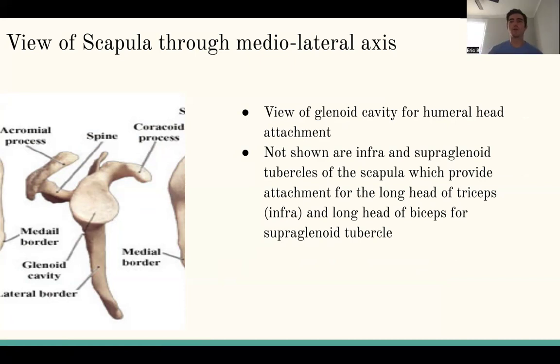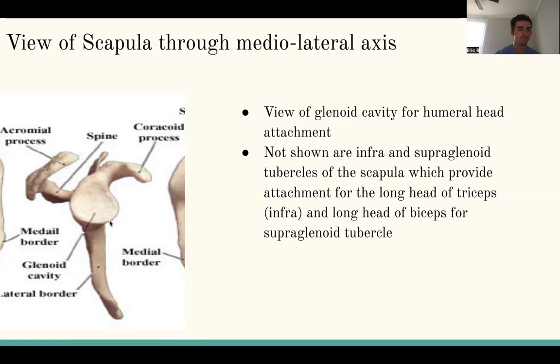If you think about the frontal or coronal plane of motion, a lot of the motions that occur there are flexion and extension. So if we have an axis of rotation going perpendicular through that, a lot of these motions are going through this pivot point of the medial lateral axis. So that's a description of what this image is showing us.